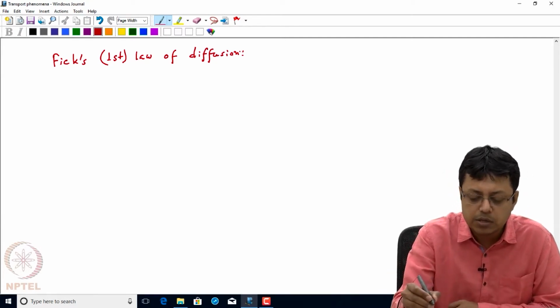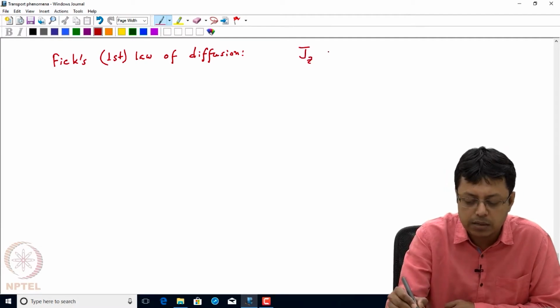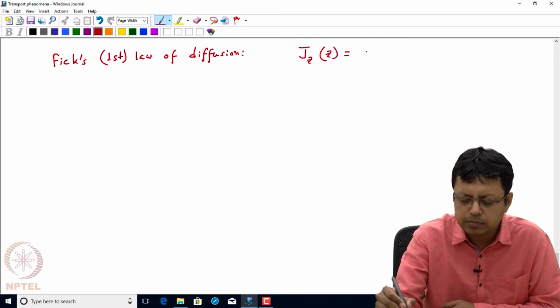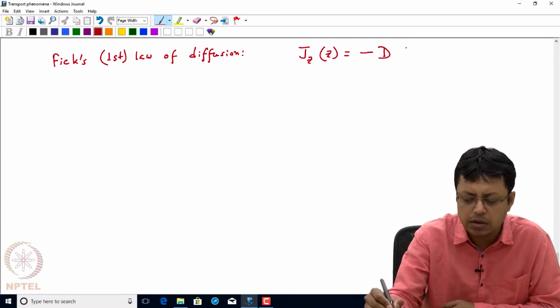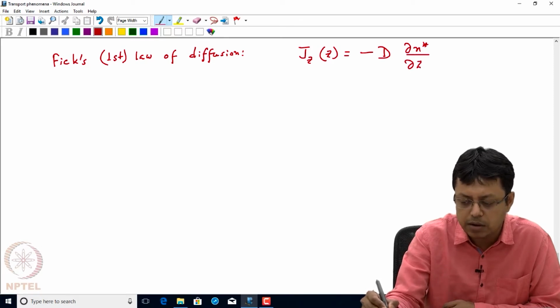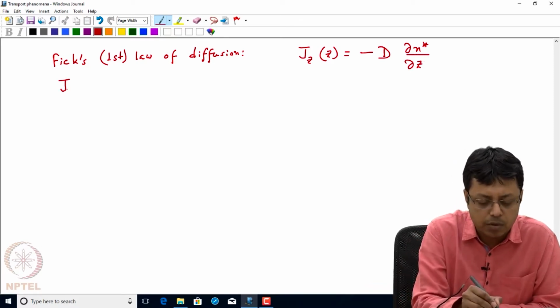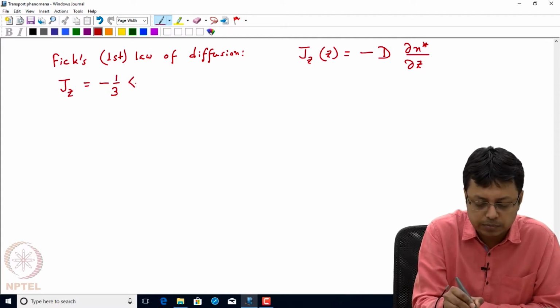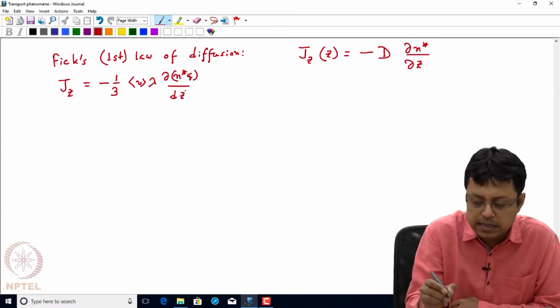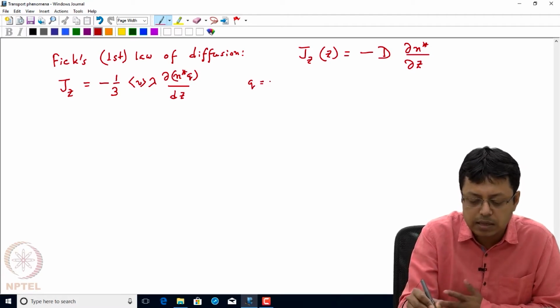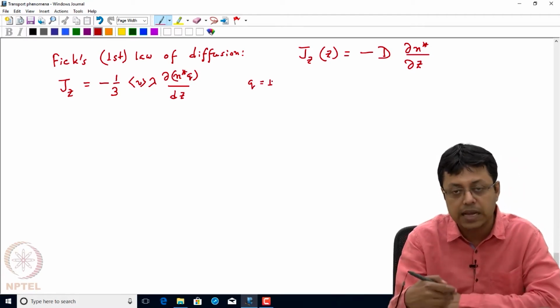first law of diffusion. So that says the quantity, in this case the flux, which is basically the particles itself, is proportional to the concentration gradient. Now this is pretty straightforward in this case, because if you just compare with our generalized equation, which is minus 1/3 V average lambda del n star Q del Z, and remember that in this case Q is just 1, because it's the particles itself, how the n star is changing.